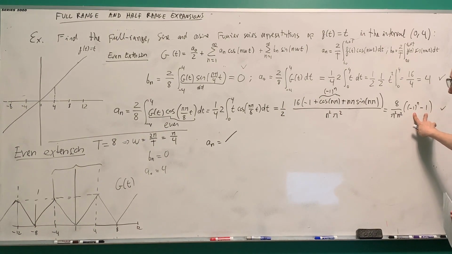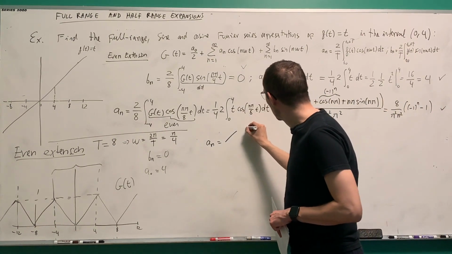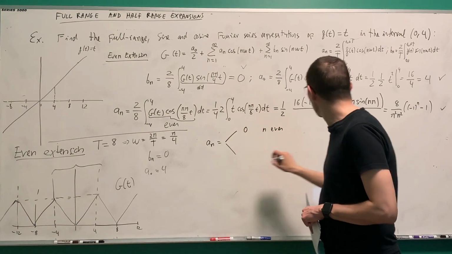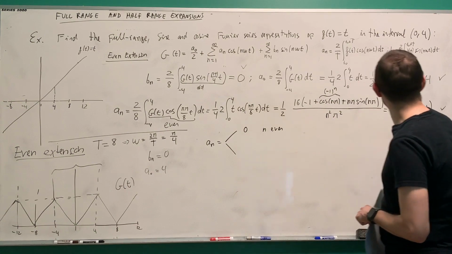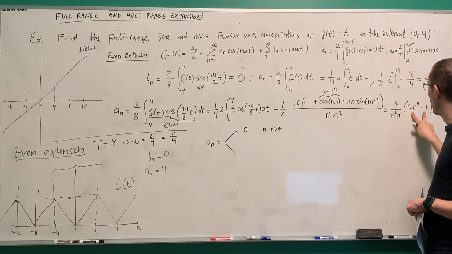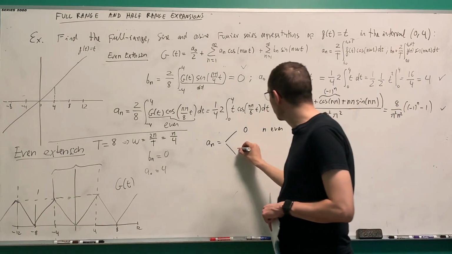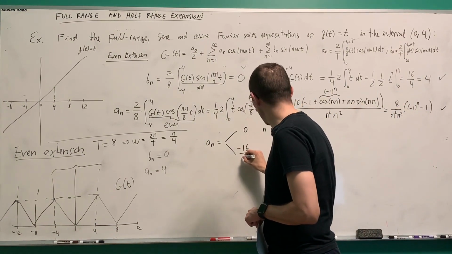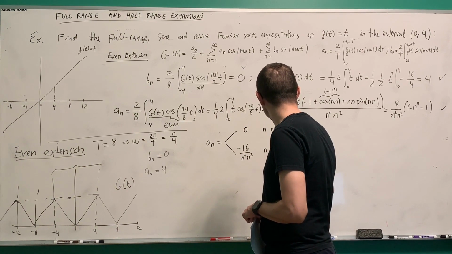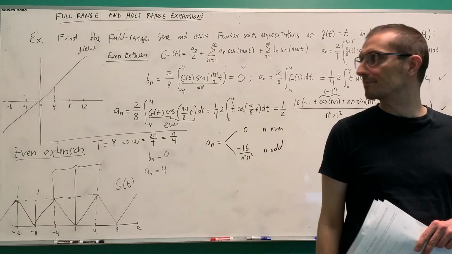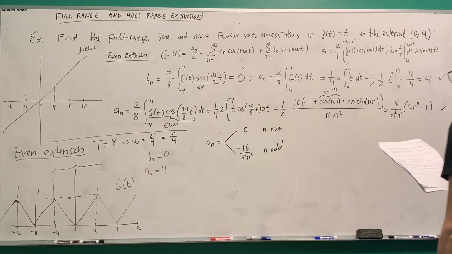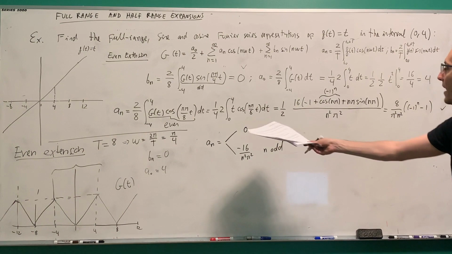When n is odd, this is minus 1, minus 1, minus 2. So it's minus 16 divided by n squared pi squared for n odd. Alright? Okay, so now we have to write the series, and it's important that the series can be simplified.